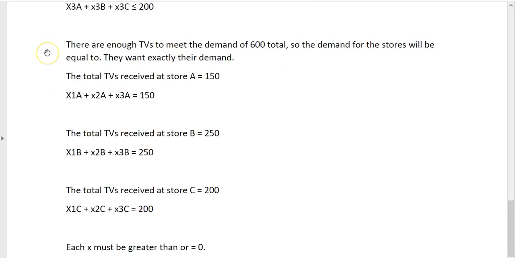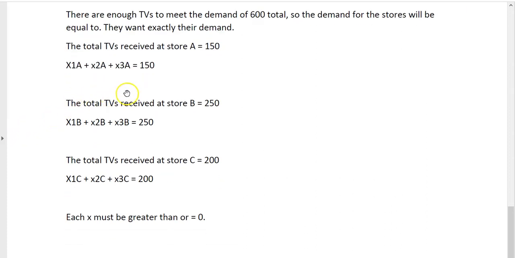There are enough TVs to meet the demand of the 600 total, so the demand for the stores will be equal to. They want exactly the demand. The total TVs received at store A equals 150, so 1A, 2A, 3A.